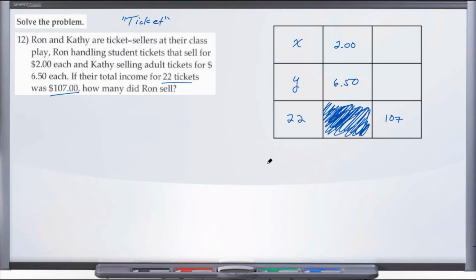All right, and now that we have our boxes filled out, with exception to these two, let's go ahead and multiply left to right. So we have X times 2, well, that's just 2X. And we have Y times $6.50, well, that's just 6.5Y. And we can leave this last 0 off because it's a decimal. And so 6.50 and 6.5 are the same thing.